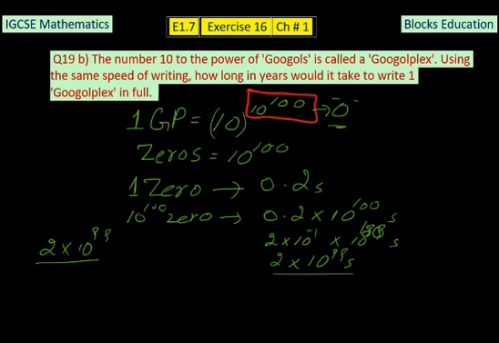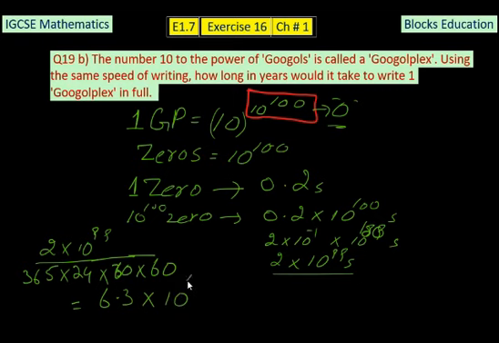So in a year we got 365 days, in one day we got 24 hours, in 1 hour we got 60 minutes, and in 1 minute we got 60 seconds. So if you calculate it with the calculator, it will turn out to be 6.3 into 10 raised to power 91 years. This is how long it takes to write the total number of zeros of one Googolplex.